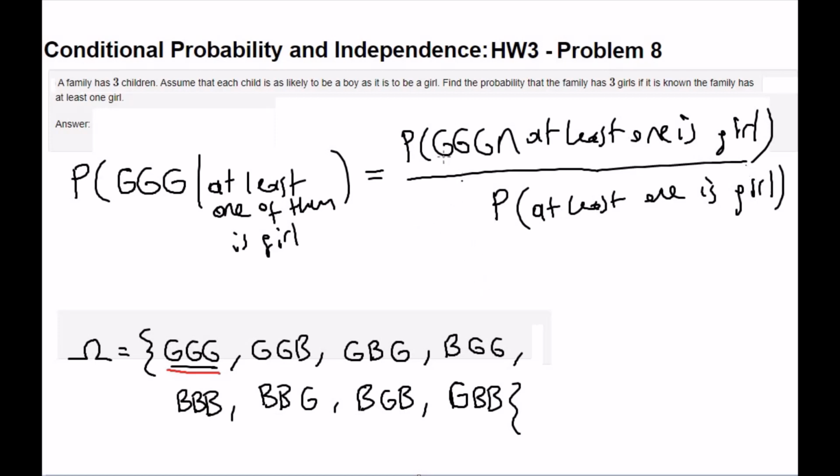We see this intersection, 3 girls and at least 1 is a girl, is 1/8, and at least 1 is a girl is 7/8, and we obtain 1/7, and this is wrong. So instead of this, we're going to approach this question this way.